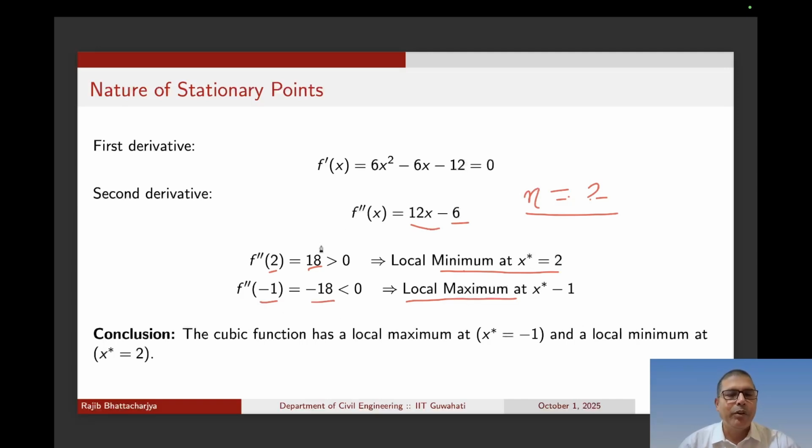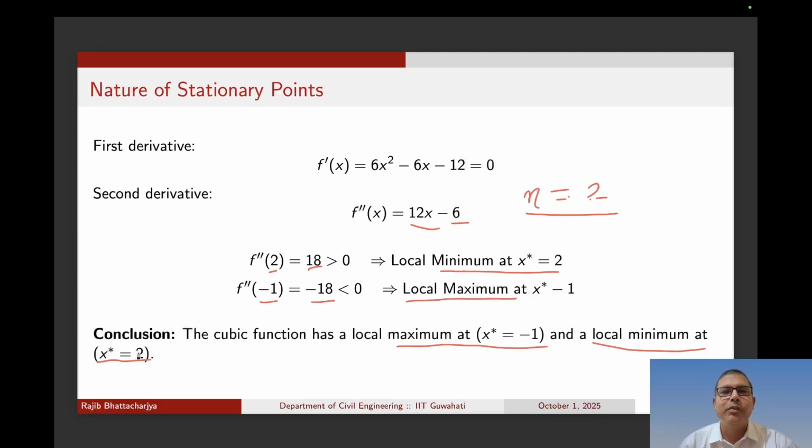Finally, we can conclude that the cubical function has a local maximum at x equal to minus 1 and a local minimum at x equal to 2. I hope this is clear.